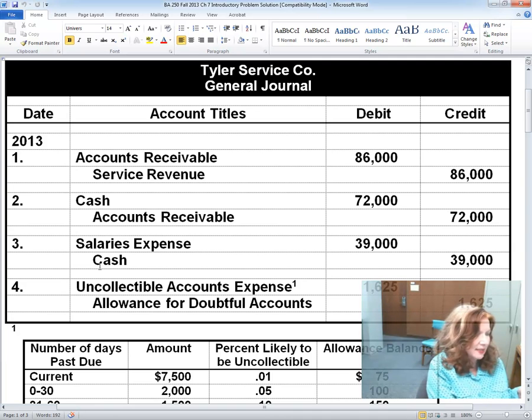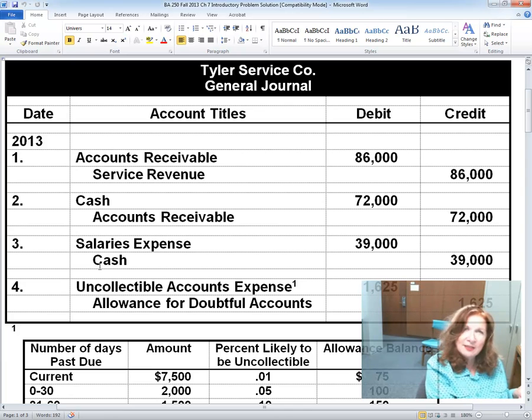Tyler adjusted the accounts using the following information from the accounts receivable: 0 to 30, 31 to 60 days, 61 to 90 days, and 91 and over 90 days.